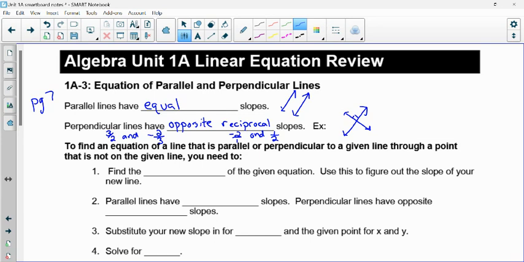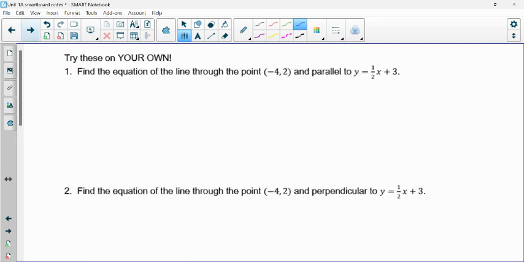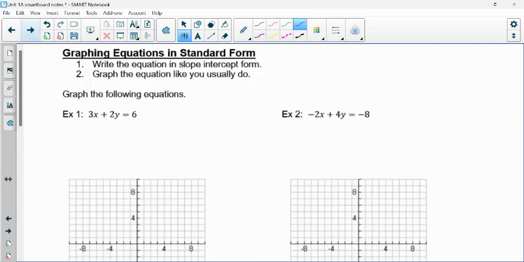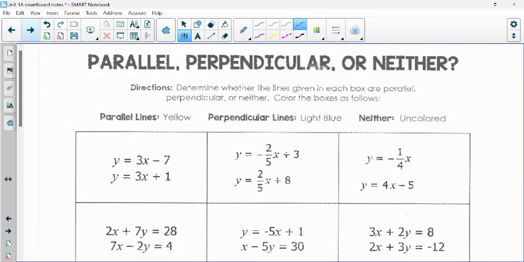So now that we know the types of slopes each one of those have, we're going to just practice. If we can look at two equations, how do we get their slope? So turn to page 13. So we have a list of equations here, okay?